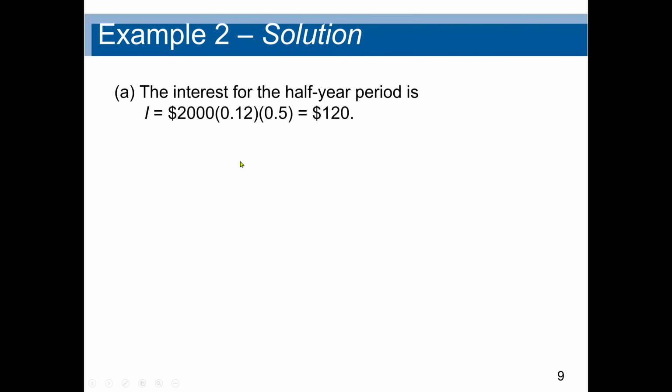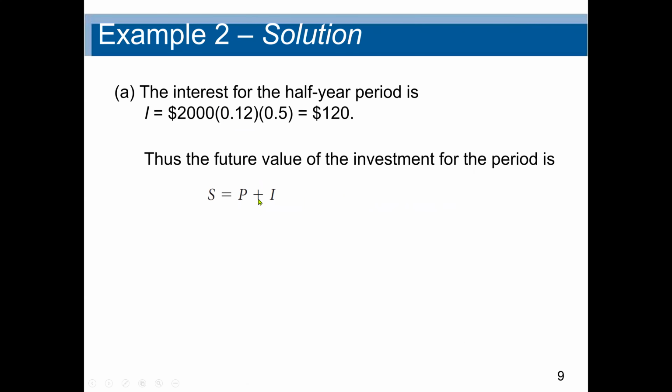So the future value of the investment will be 2,000 plus 120, which is P plus I. So our future value of the investment after 6 months will be $2,120.